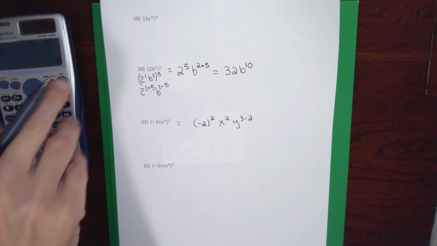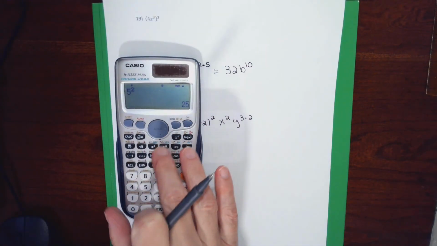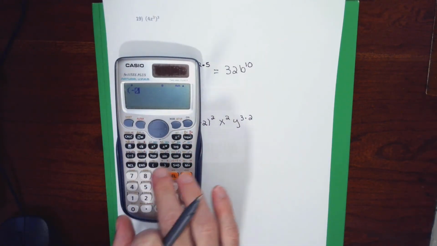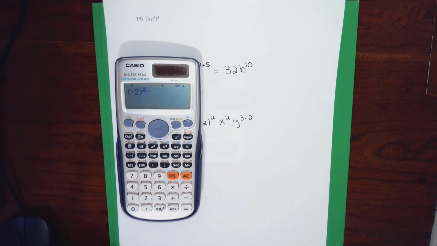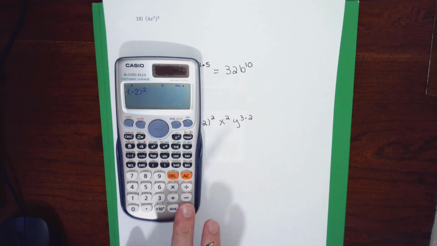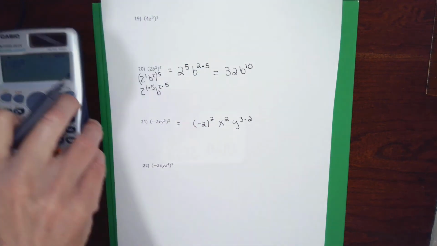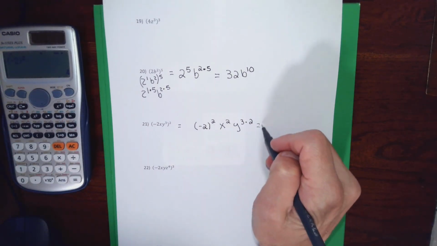If a number is negative, you should keep that number inside parentheses if you're evaluating on your calculator, because the negative is part of the base. And my coefficient in my answer for 21 should be 4.